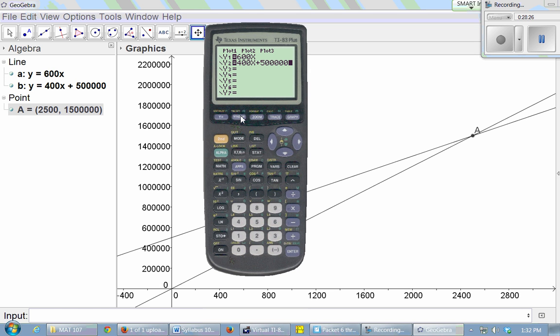And now I have to choose a window. Typically, if you have no idea, you start with the standard window, -10 to 10, -10 to 10. But in a real-world context, you can often guess better than that. So x is representing the number of wheelchairs, so my smallest x has to be 0. Can't make fewer than that.